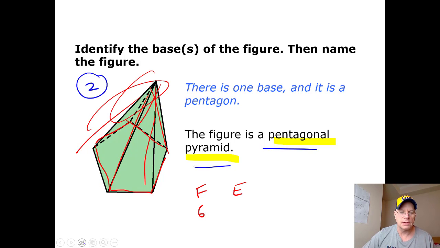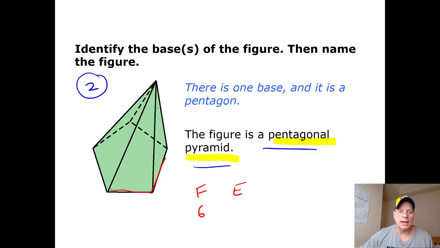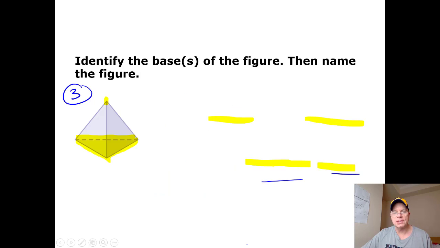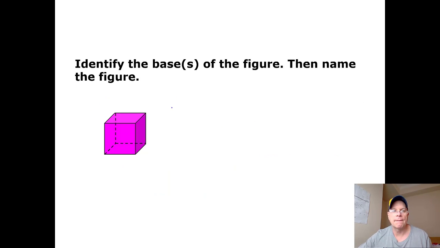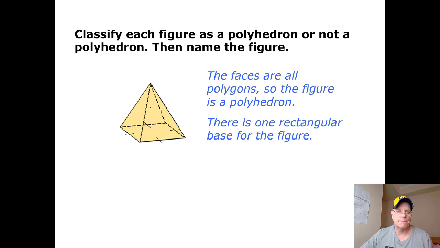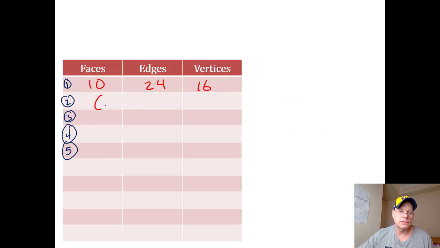So there's 10 edges. How many vertices? 1, 2, 3, 4, 5, and then this one up here, so it's a total of 6. So for the pentagonal pyramid, we have 6, 10, 6.